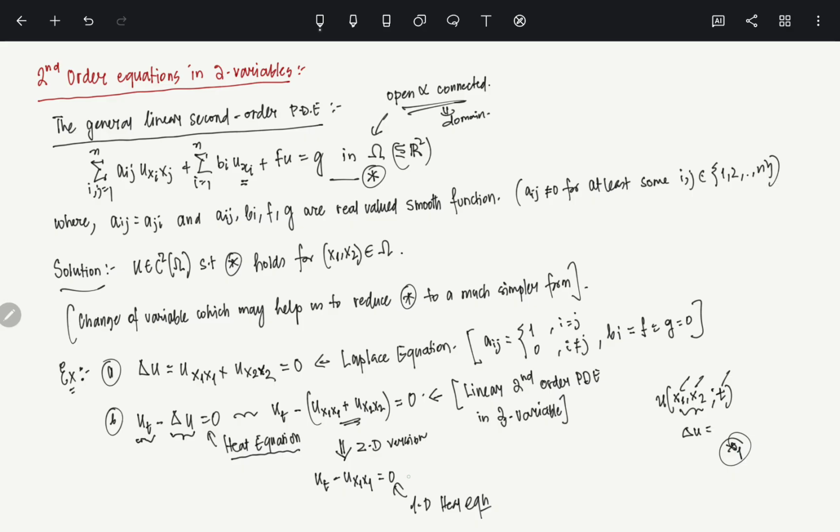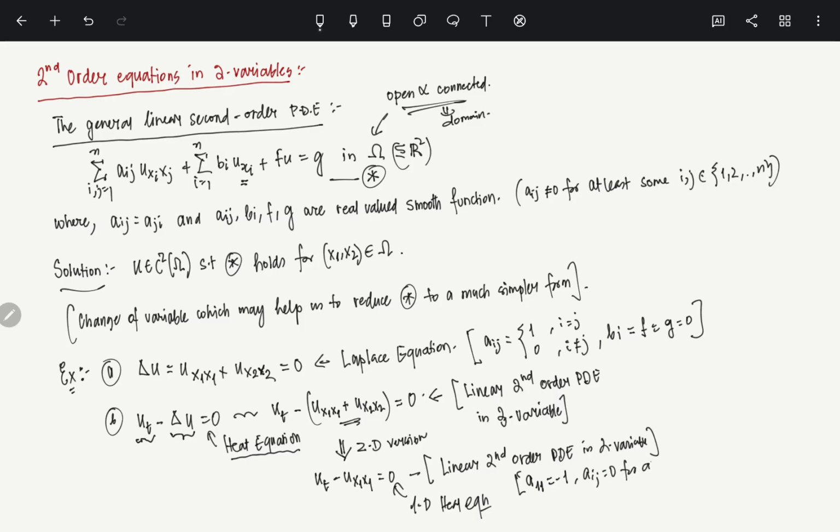And here you see, this is an example of a linear second order PDE in 2 variables. Exactly the similar sort of thing as in star. You can compare this with star, and if you compare what the AIJ are, A11 is going to be -1, and AIJ is 0 for all other IJs.